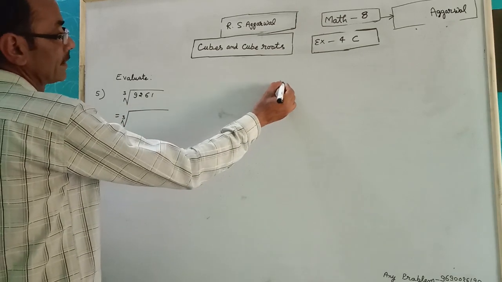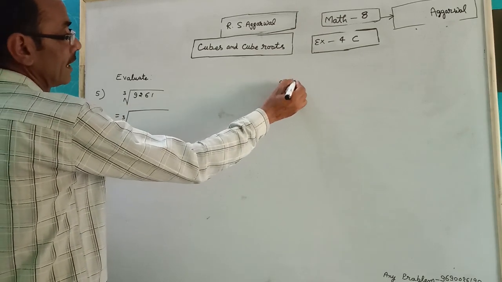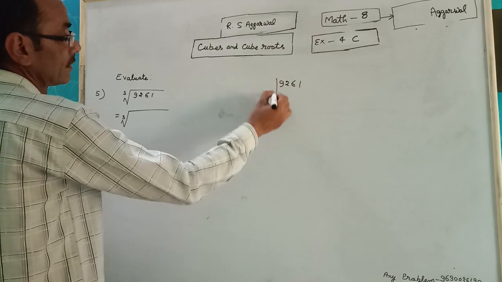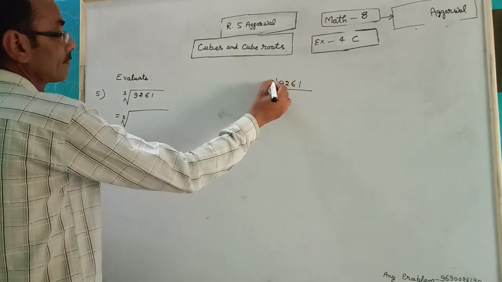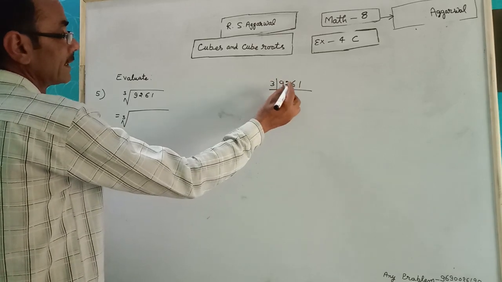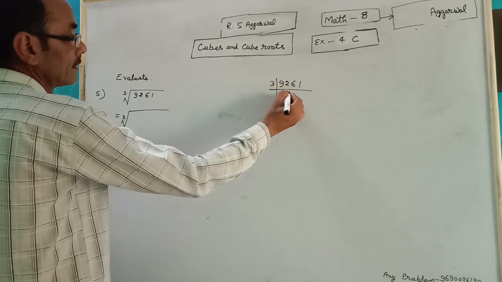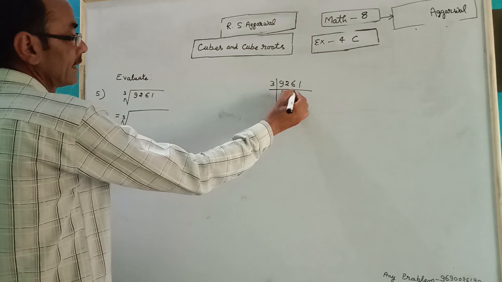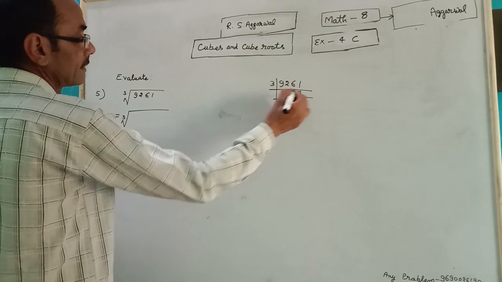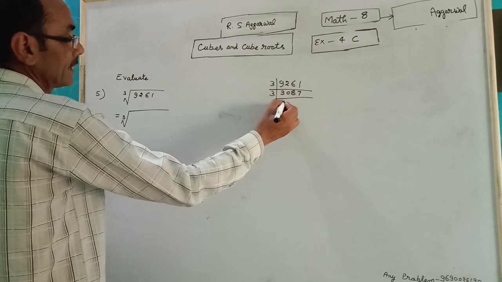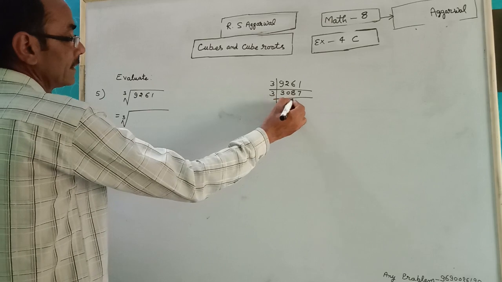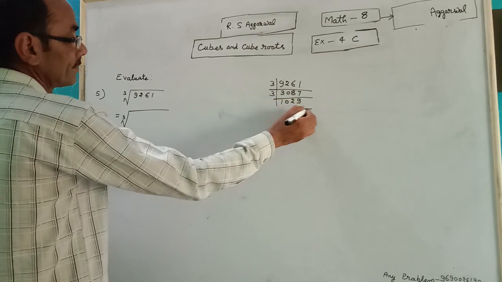Factor will be 9261. 3 3 is 9. 3 8 is and 3 7 is. 3 1 is 3. 29.